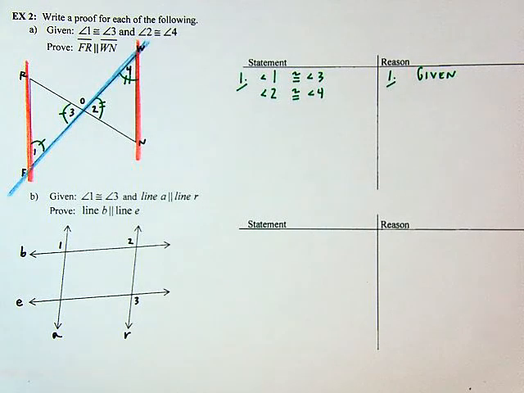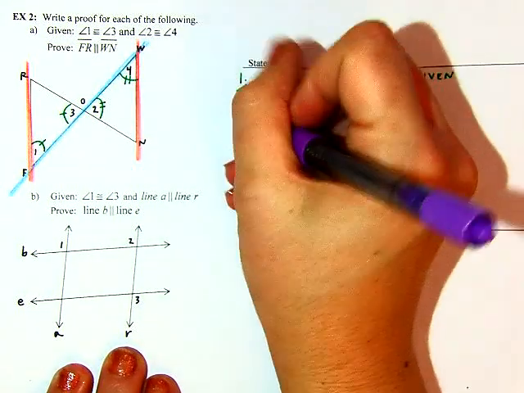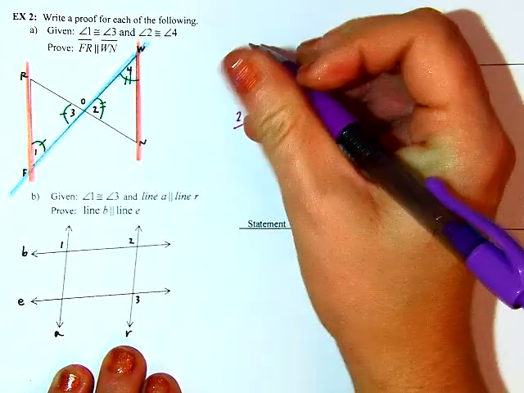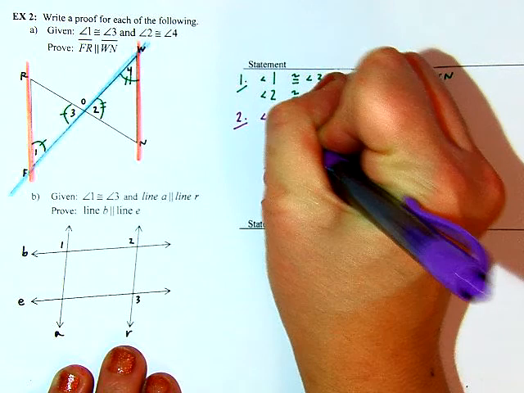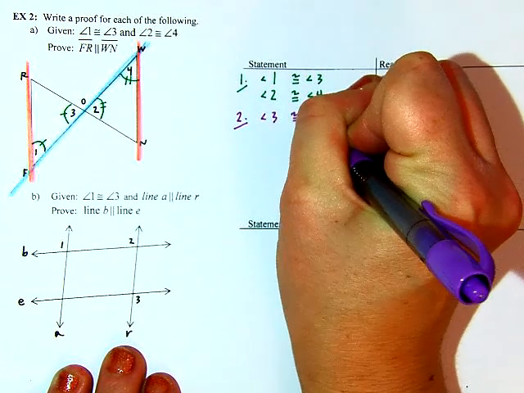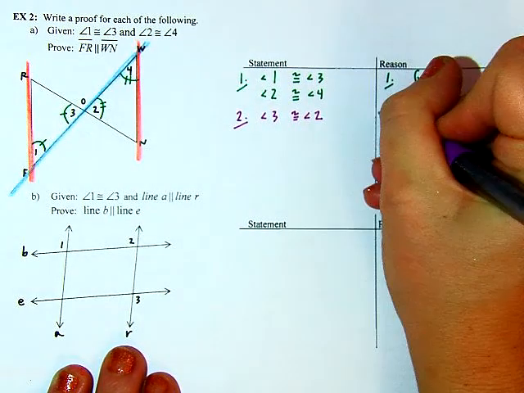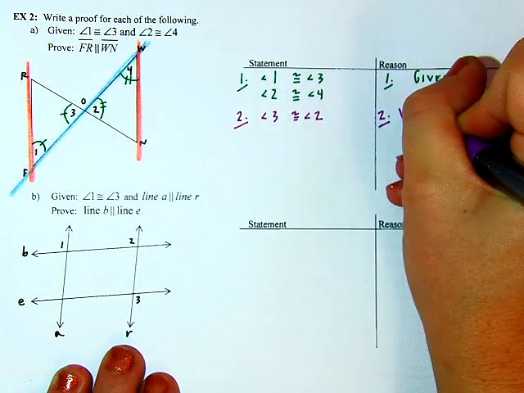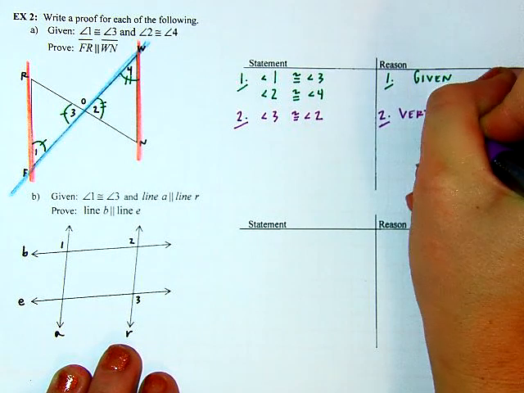So now I'm looking for another relationship and I see, oh, look at those vertical angles. I know that vertical angles are congruent. So in my next step, I'm going to say, okay, well, angle 3 is congruent to angle 2 also. That's the vertical angles theorem.